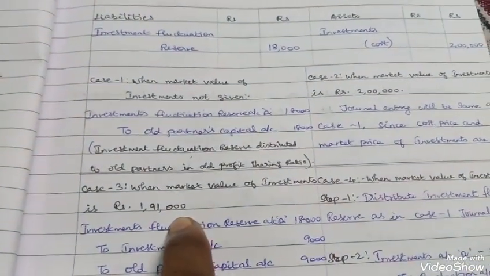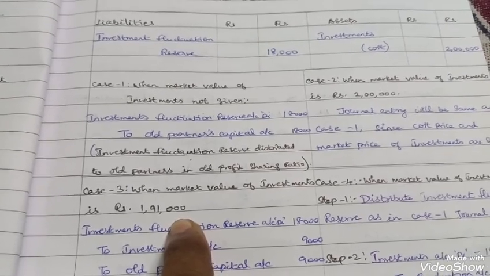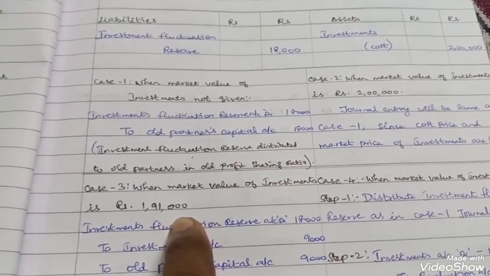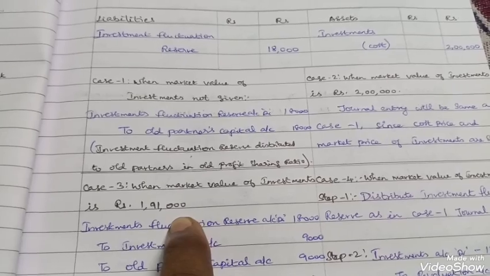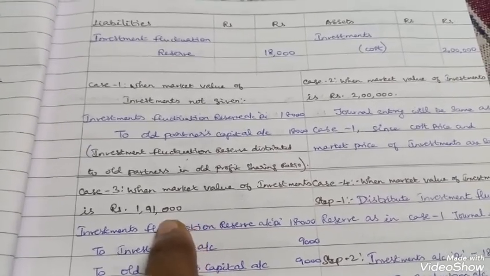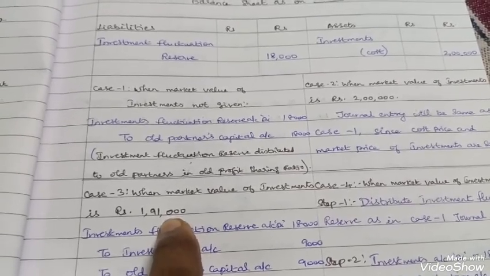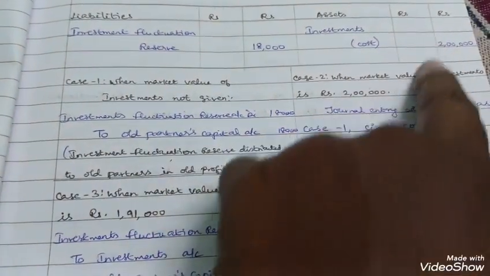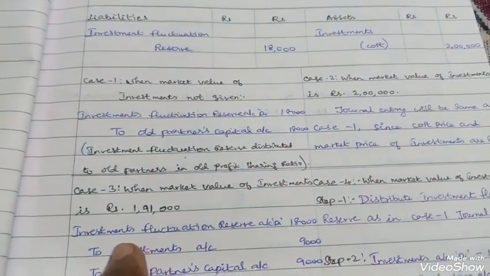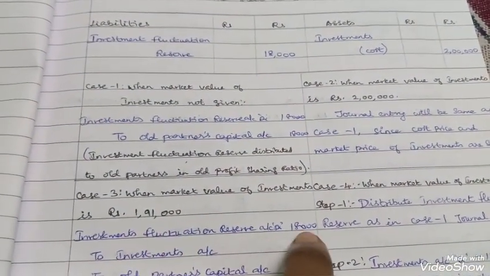So here there is a fall in the value of investments. See, I have already told you the purpose of creating the investment fluctuation reserve is to support the investments when there is a fall in the market value of the investments. So here in this case 3, there is a fall in the market value of the investments compared to the cost price. So the journal entry should be: investment fluctuation reserve 18,000.